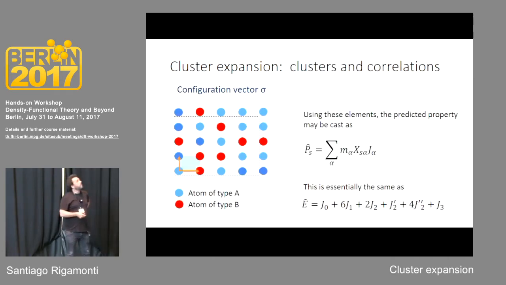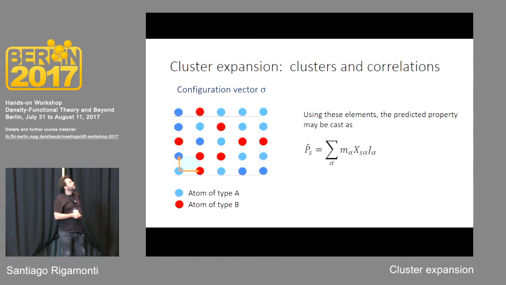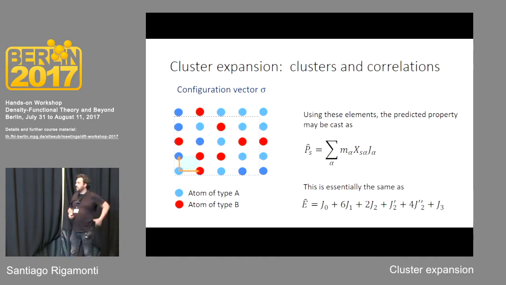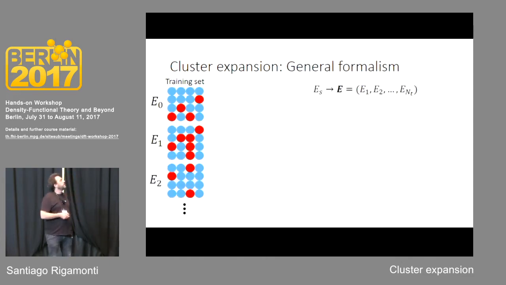But we usually don't do it by putting first 1 atom, then 2 atoms, then 3 atoms, and so on. What one usually does is take different structures, and then try to get these parameters from structures that are not so well ordered. Therefore, you have what we call a training set.